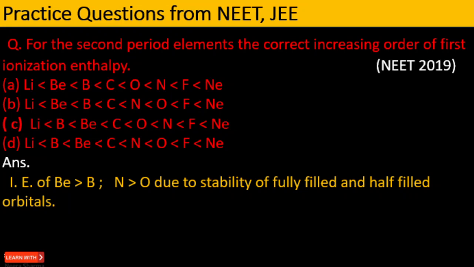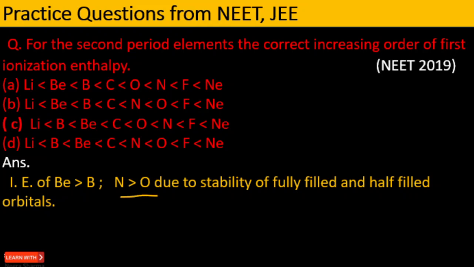Let's take up one question of NEET 2019. For the second period elements, the correct increasing order of first ionization enthalpy is, so we have already seen there are two exceptions. Beryllium has more than boron and nitrogen more than oxygen.